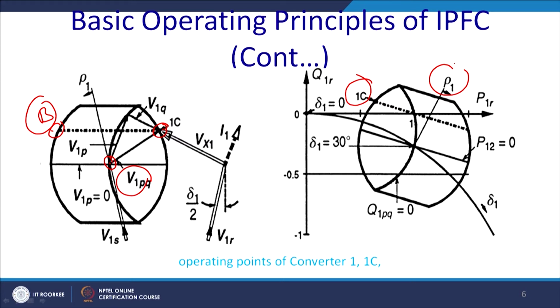Let us see in the 3 cases what the exchange of real power is, because a converter cannot generate real power; it has to take a loan from another converter or supply to another converter.